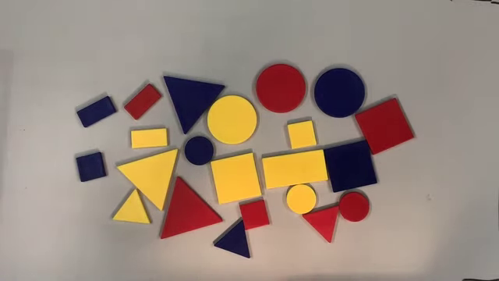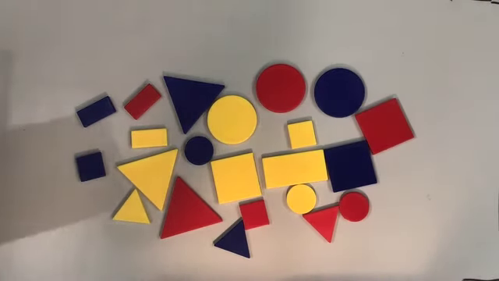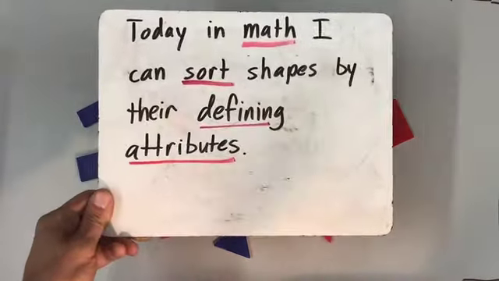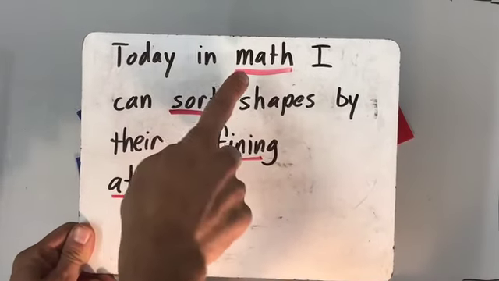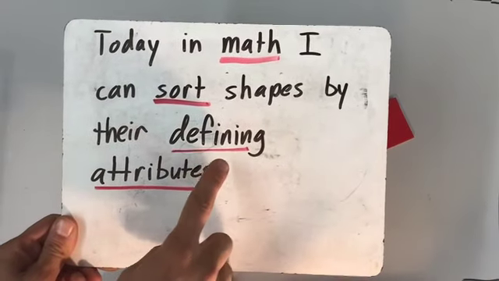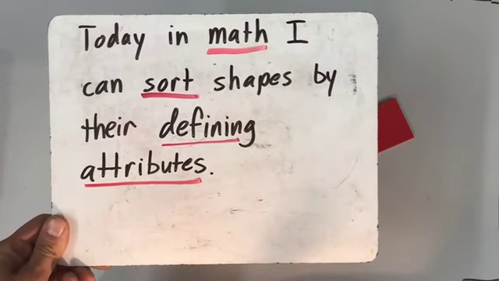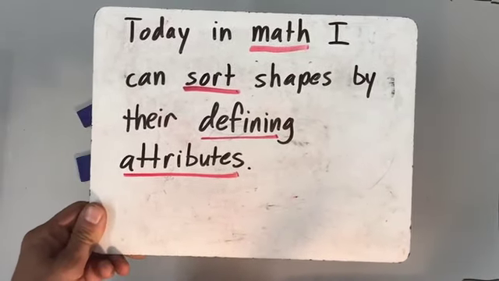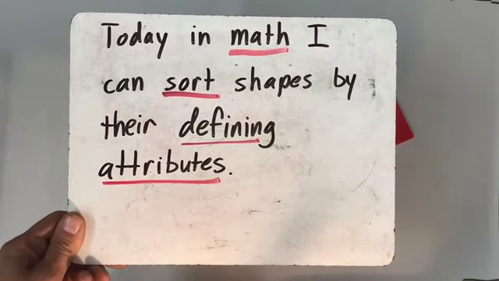And like every math class, we're going to start with an I can statement. Here it is. Today in math, I can sort shapes by their defining attributes. And if you watched my first video, you know what defining attributes are.